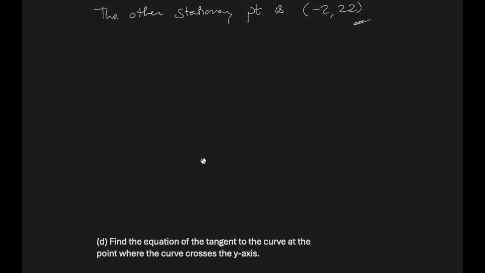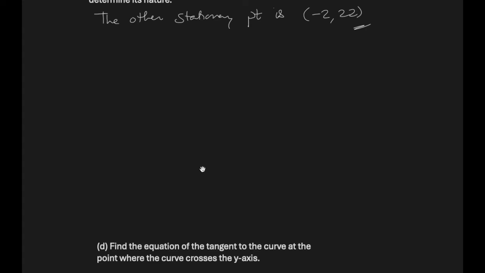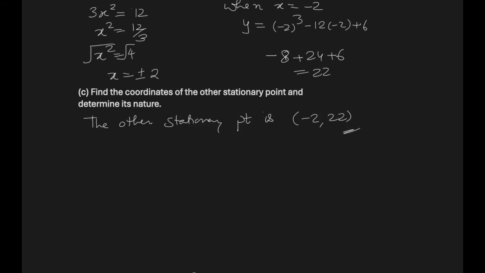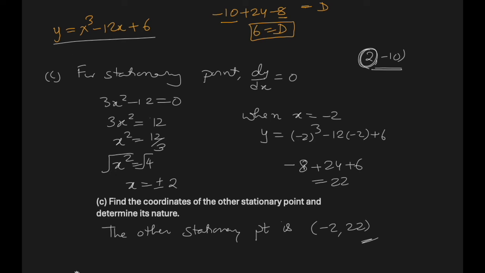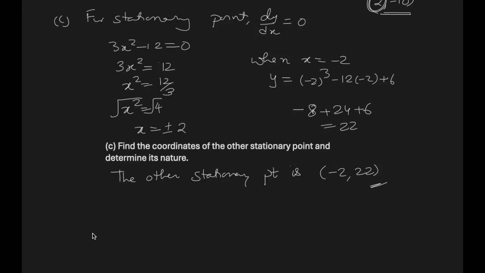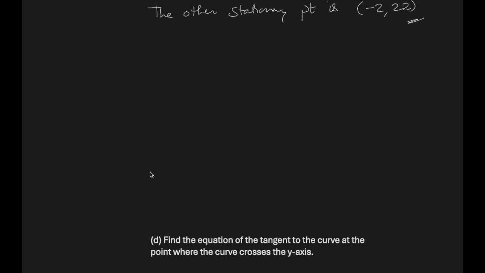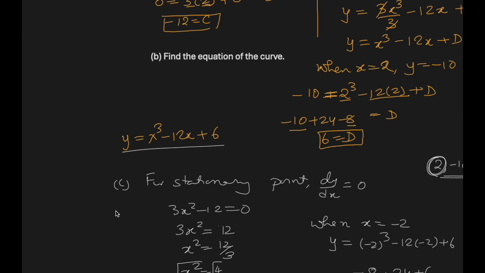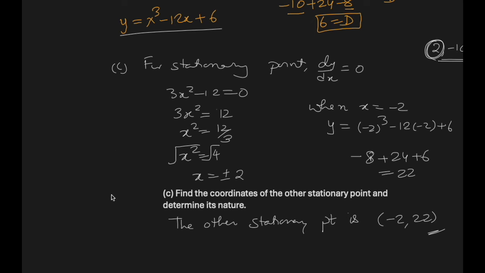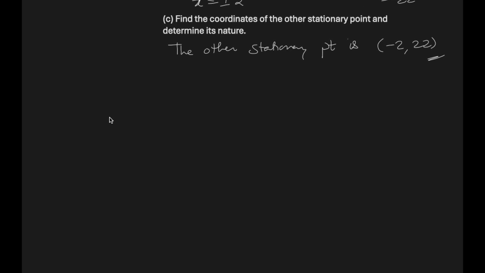Find the equation of tangent to the curve at point where curve crosses y-axis. Curve crosses y-axis. So this is the curve. Where does it cross y-axis, right? That means y-intercept they're asking. So x cube minus 12x plus 6, our equation of the curve. So this is D part.